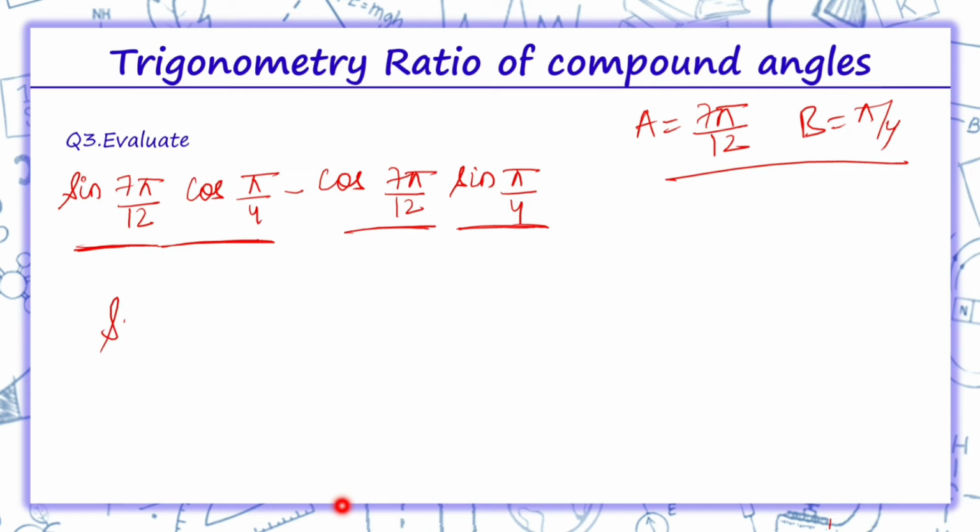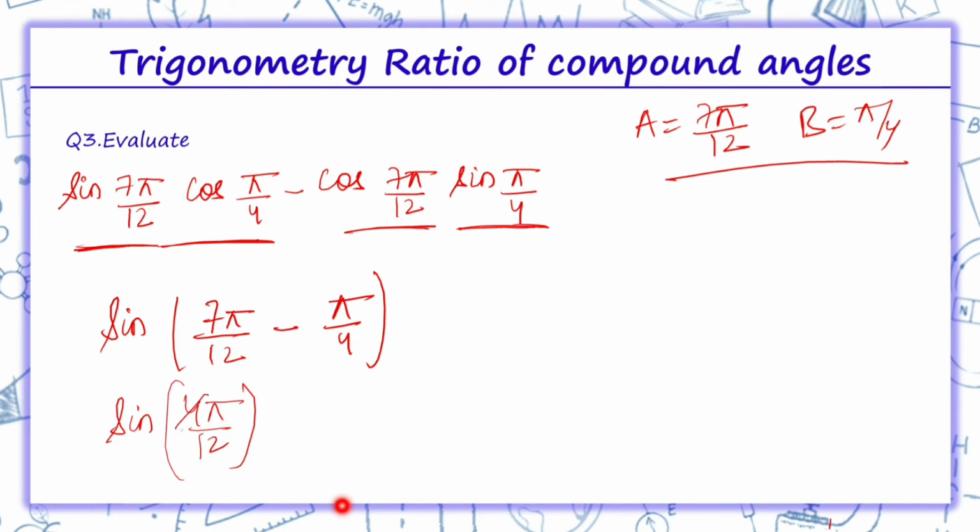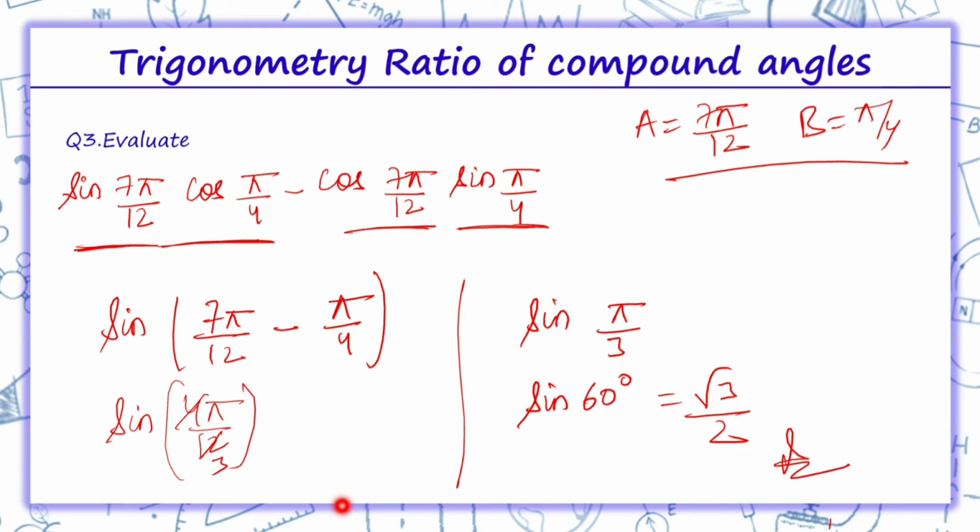So this can be written as sin of A minus B, which is 7 pi by 12 minus pi by 4. When we solve it, we get sin 4 pi by 12, which is sin pi by 3. Sin pi by 3 can be written as sin 60 degree. The value of sin 60 degree is root 3 by 2. This is how we have to apply these formulas.